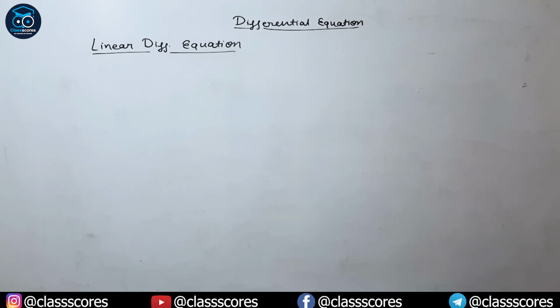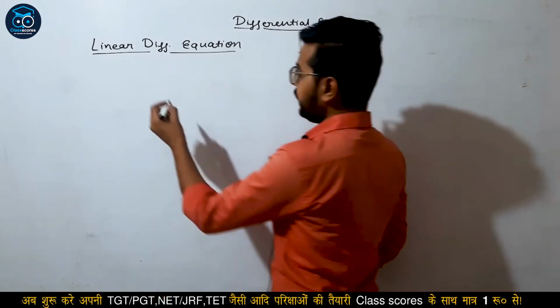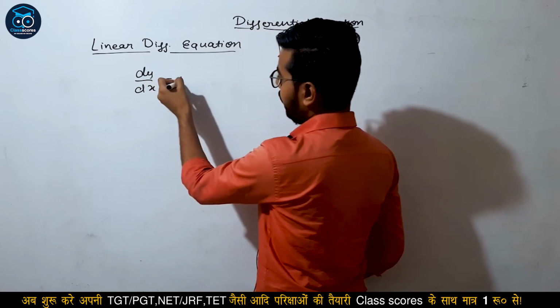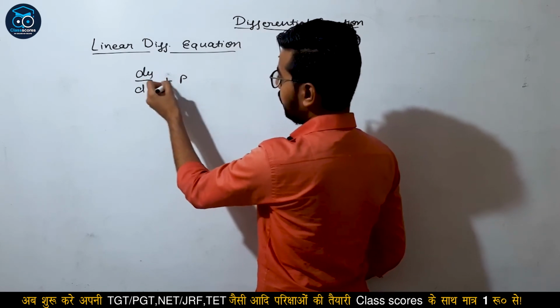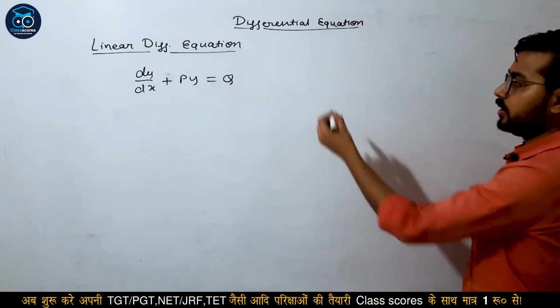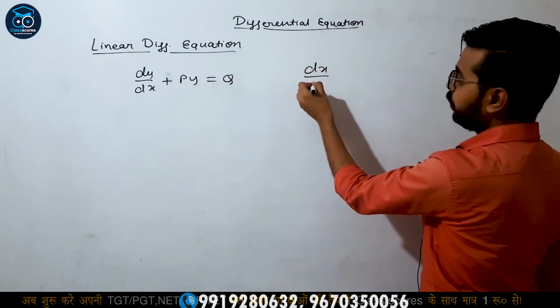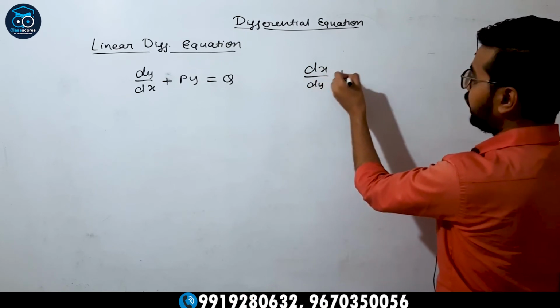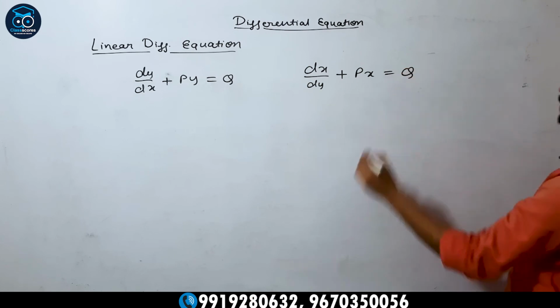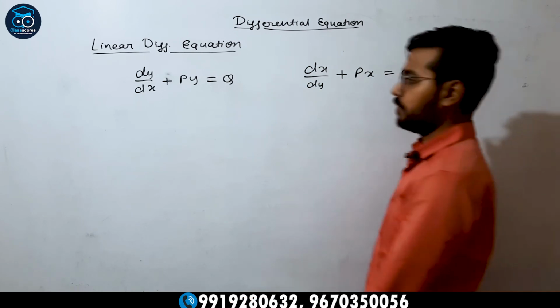So step 1 is, first of all you need to convert the given function in the form dy upon dx plus py equals q, or dx upon dy plus px equals q. This is our step 1.